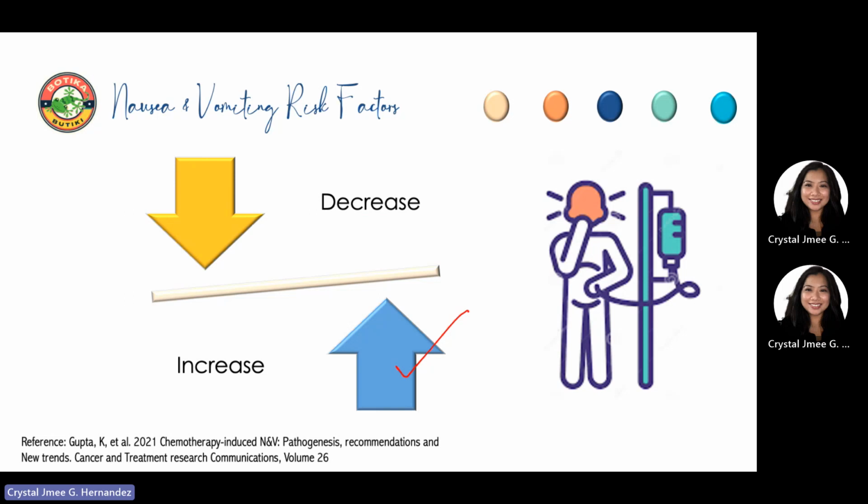Later on, you will evaluate the emetogenic potential of the different chemotherapy drugs. Females were noted in 3 studies to have increased risk of nausea and vomiting, as well as prior alcohol use.